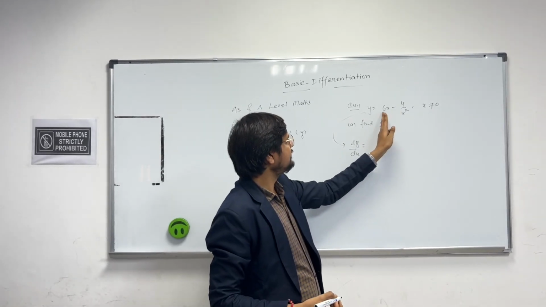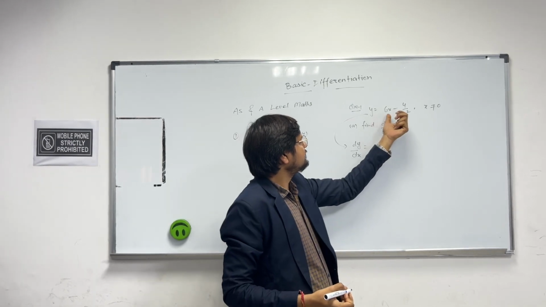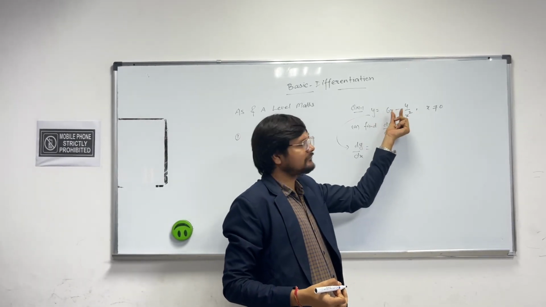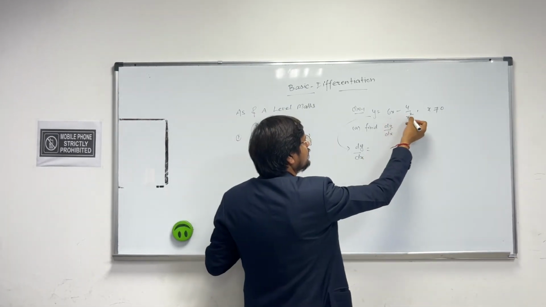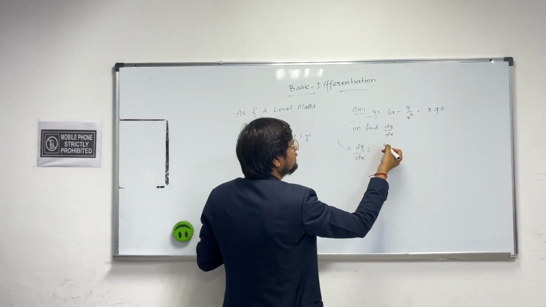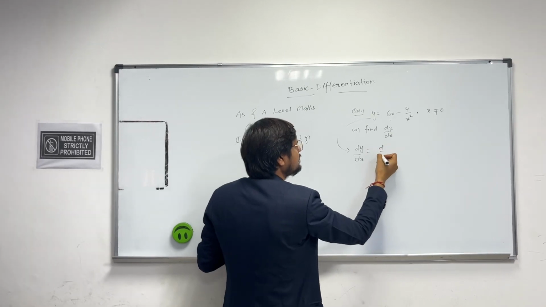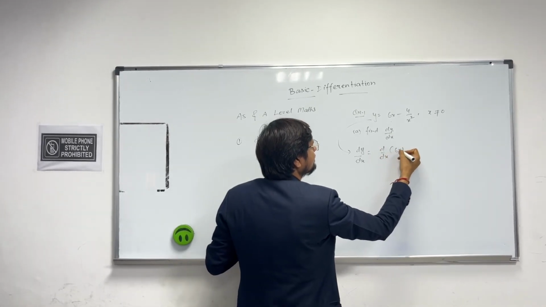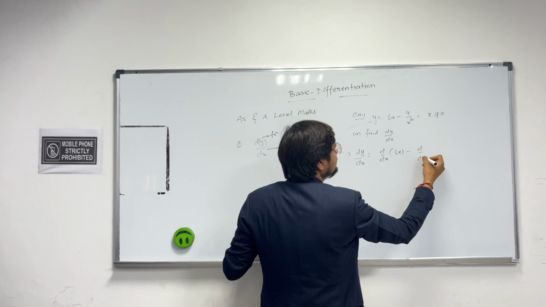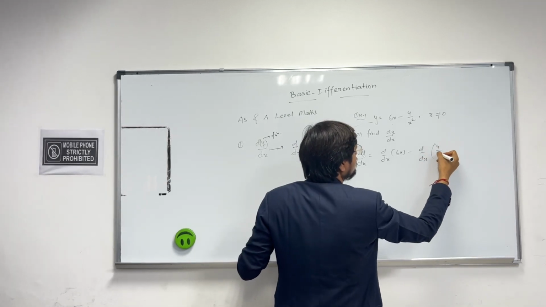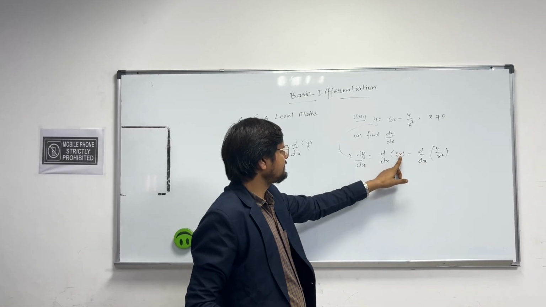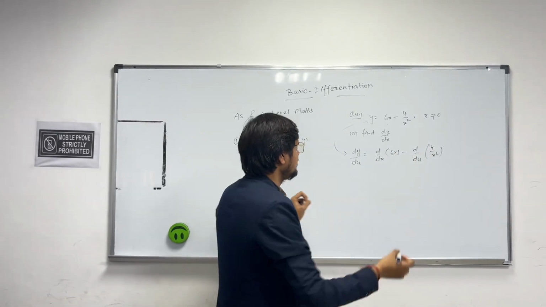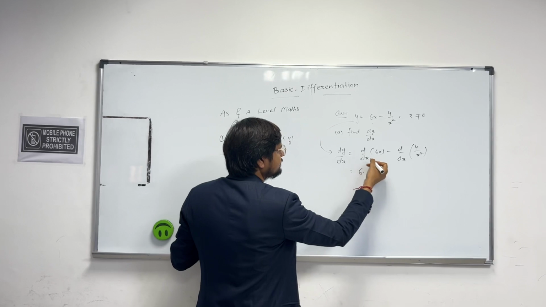On the right hand side, there are two terms: first is 6x and the second is minus 4 over x square. You have to differentiate both. So d over dx of 6x minus d over dx of 4 over x square. 6 and 4 are constant terms, the coefficients, so they come outside the differentiation.